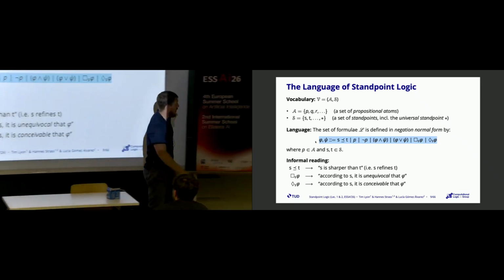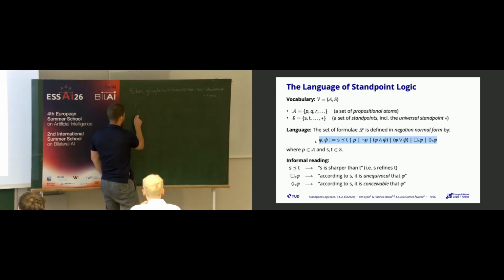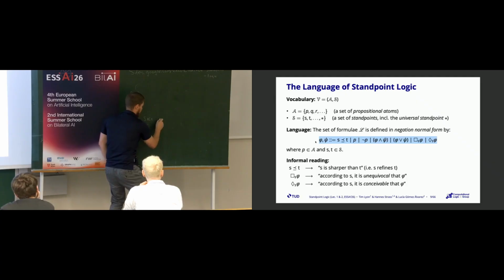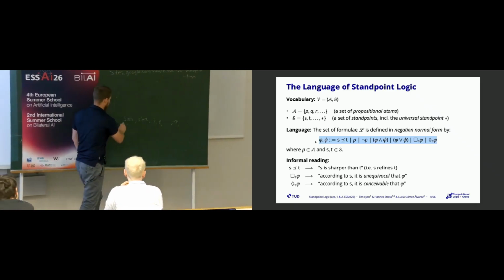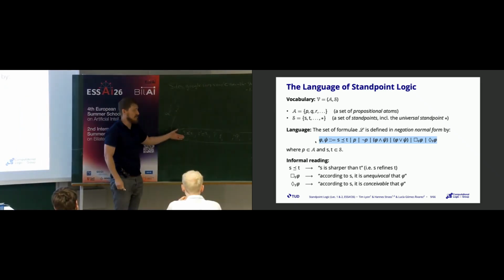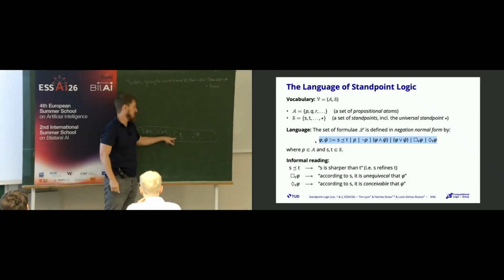And we have at the base of our language, which we can think of as some infinite union, these sharpening statements, right, which can be of various different forms using various different standpoints. We have propositional atoms, and we have their negations. Okay, so this serves as sort of the basis of the language. And there's an infinite number of these entities because we have an infinite number of propositional atoms in our language.